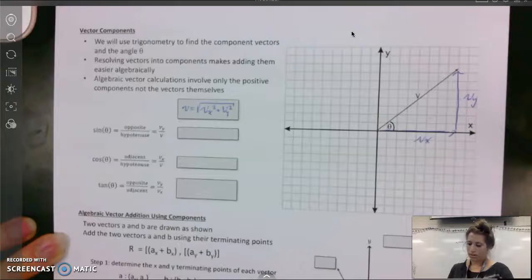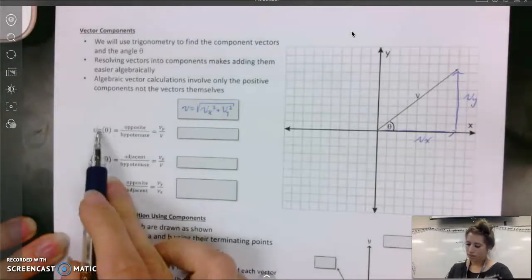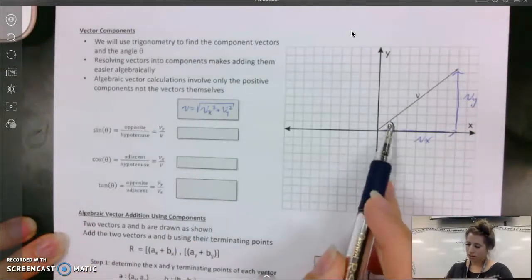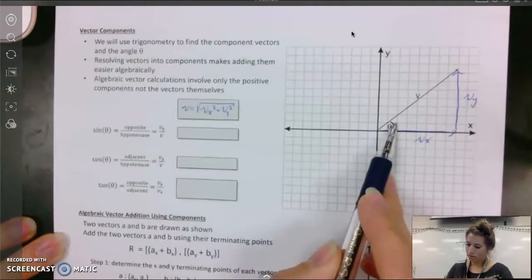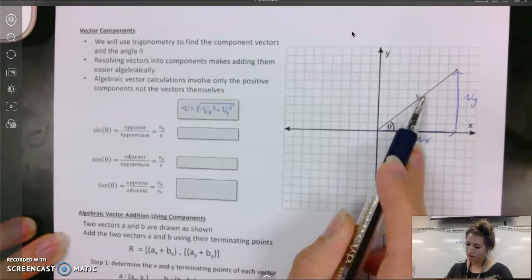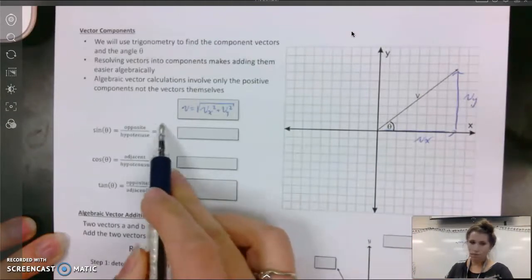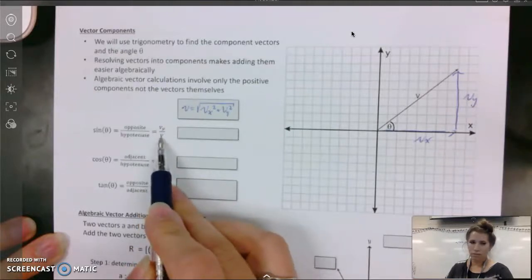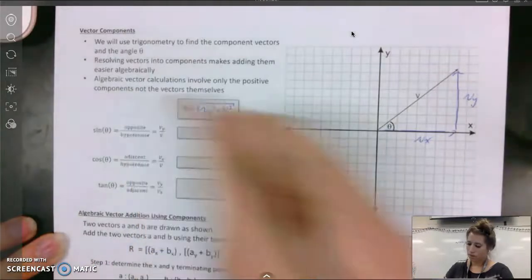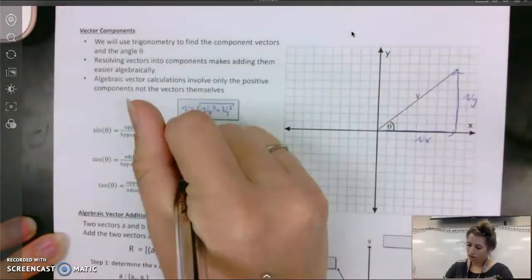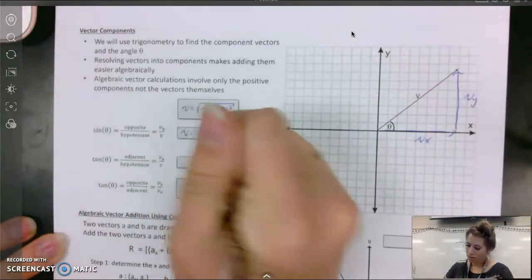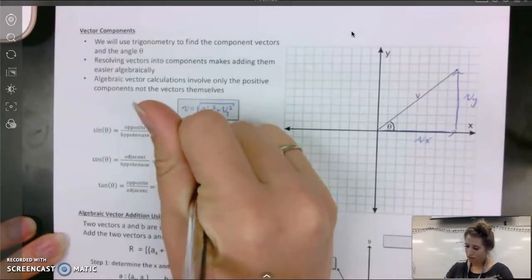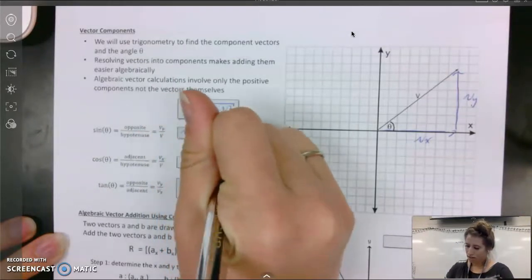Okay. Now, if sine of theta is equal to opposite over hypotenuse, we can use this to solve for v sub y. And the way that we do that is we multiply v to both sides. So this magnitude here, v multiplied by the sine of theta, that's going to equal v sub y.